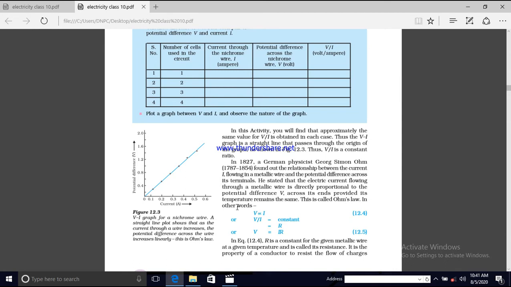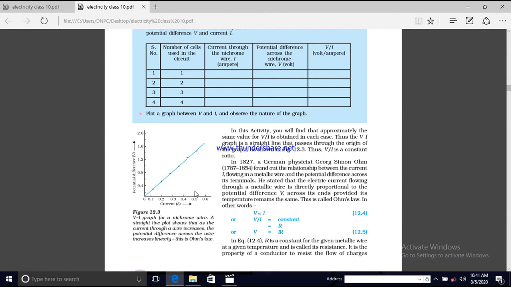So as you increase the potential difference in the circuit, the current is also increasing. When you take the ratio between V and I, the potential difference and current in the circuit, you will always get a constant. That's why you get a straight line graph when you plot potential difference against current.